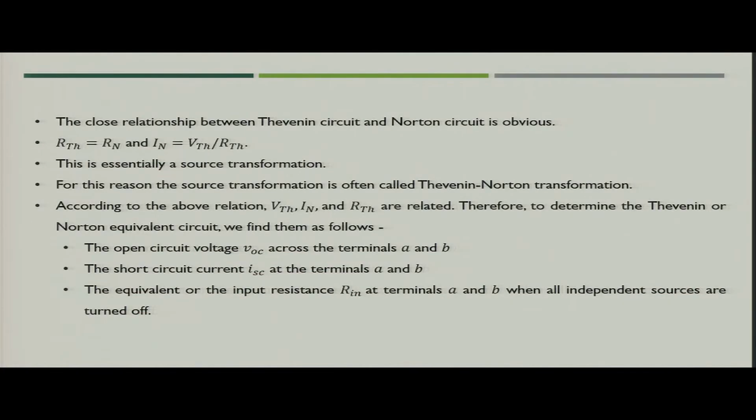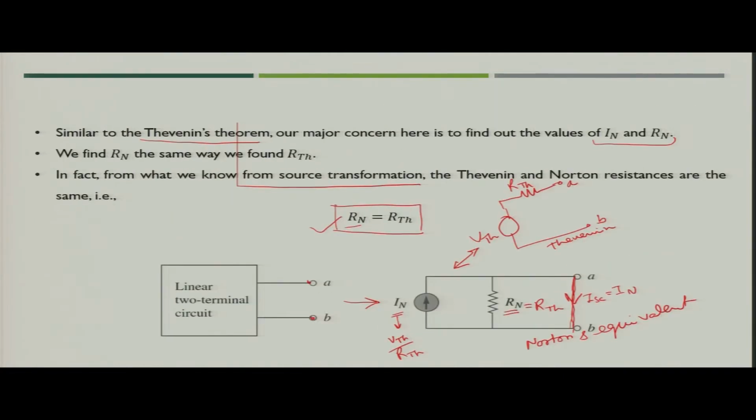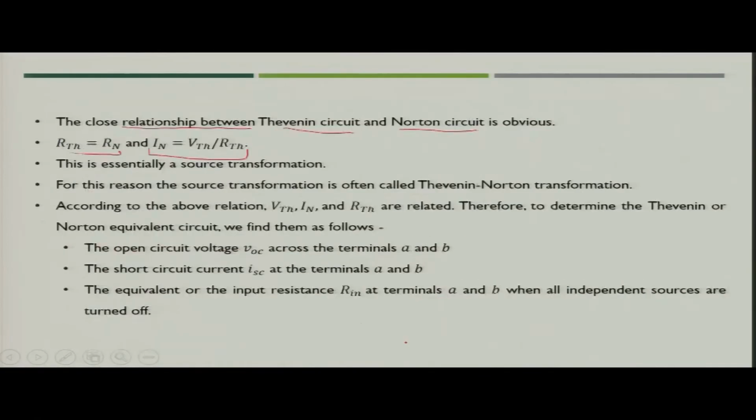Now, let us understand the close relationship between the Thevenin circuit and the Norton circuit. We have just established that R Th, that is Thevenin resistance, is equal to Norton's resistance, and as we discussed in case of source transformation, when we carry out the source transformation, Norton's current is nothing but V Thevenin divided by R Thevenin.